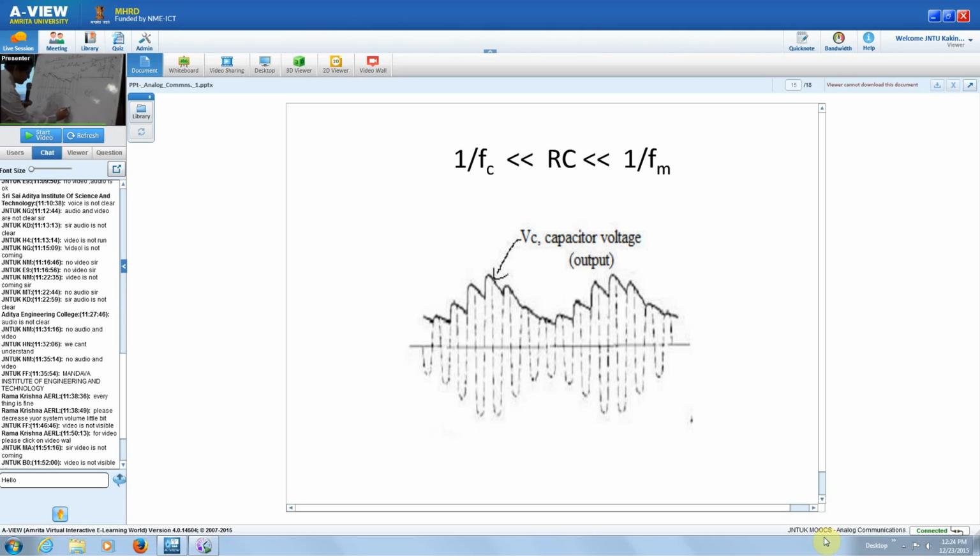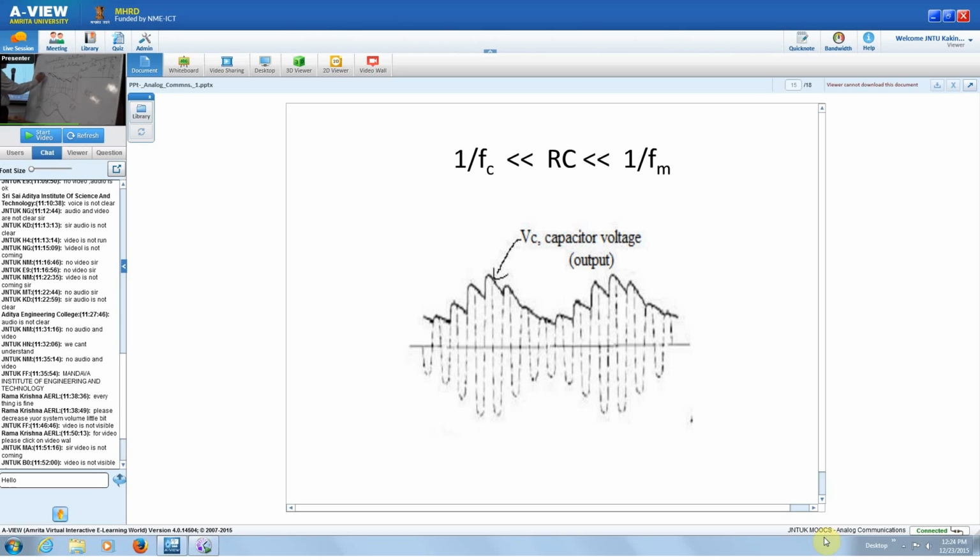So RS into C, we want this very, very small, and this discharging should be along with your baseband signal.